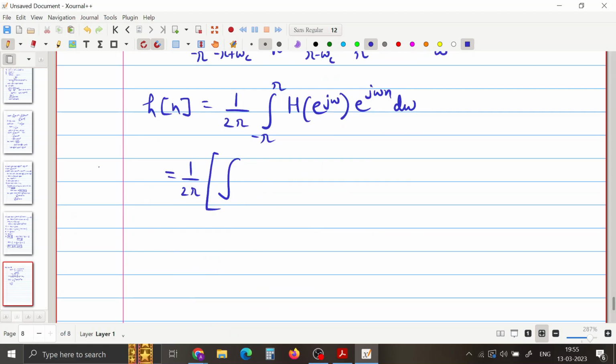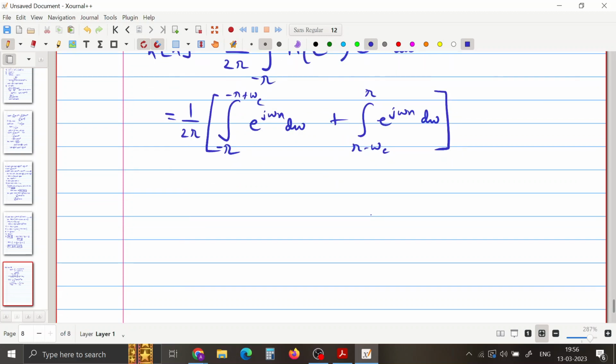So here it becomes 1 times e power j omega n d omega, and similarly from pi minus omega c to pi.